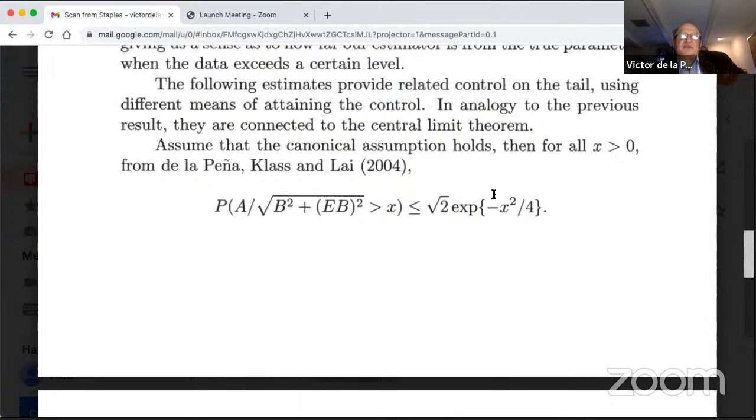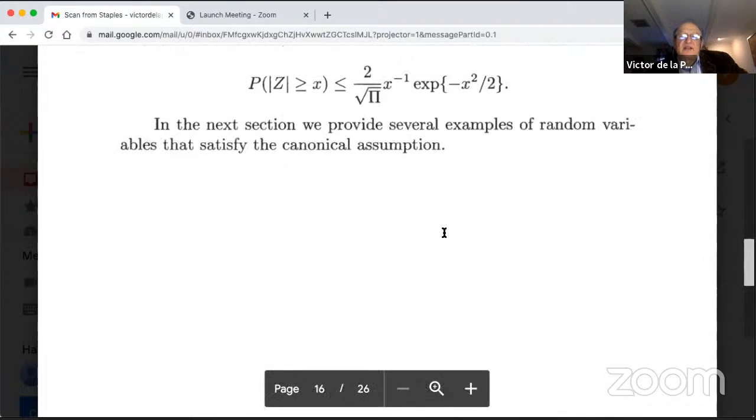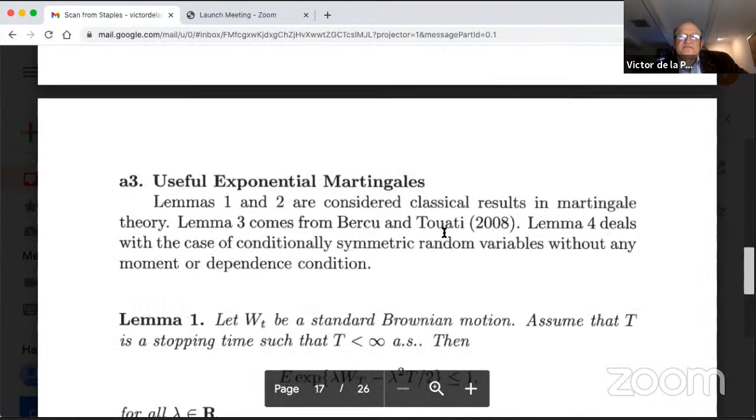You can test the hypothesis whether or not the expected value of B is less than or equal to a number. So this can be used for tests of hypotheses in a very general context.